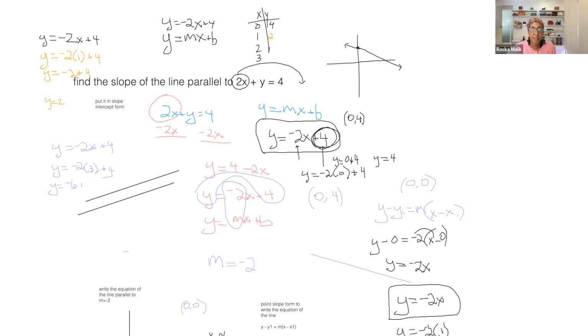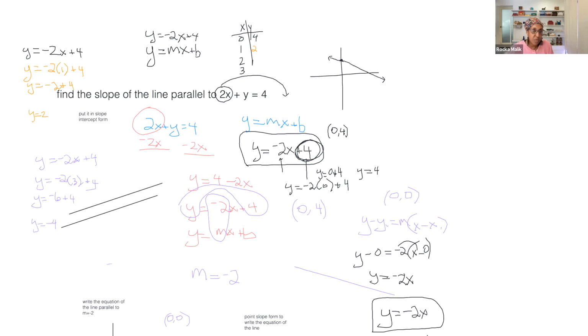Plus 4 is -2. So when x is 3, my y is -2. It's another point.